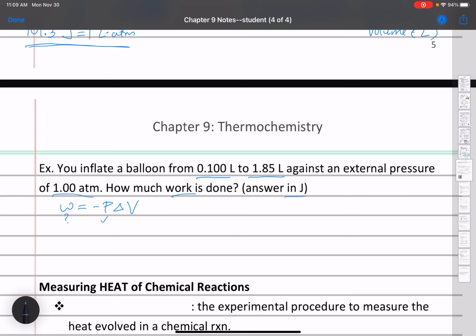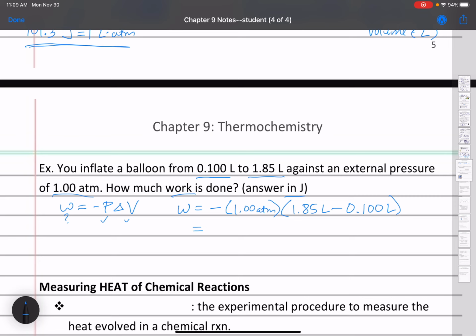We're given a pressure and we're given 2 volumes, so we can figure out the change in volume. So work is equal to negative pressure, negative 1 atmosphere, times the change in volume, the final volume, 1.85 liters, minus the initial volume, 0.100 liters.